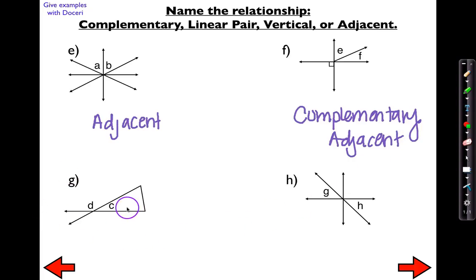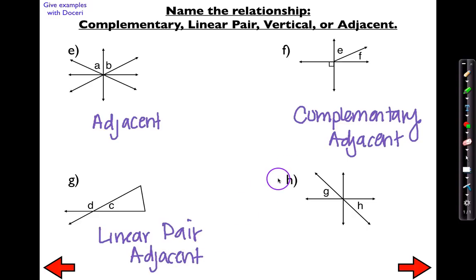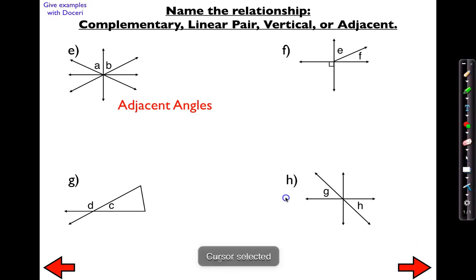For G, I'm going to go ahead and say that they are a linear pair. And by definition, they're automatically also adjacent. H is tricky. Some of you may not see this right away, but they are vertical angles. And that's it. Okay, so now moving on.